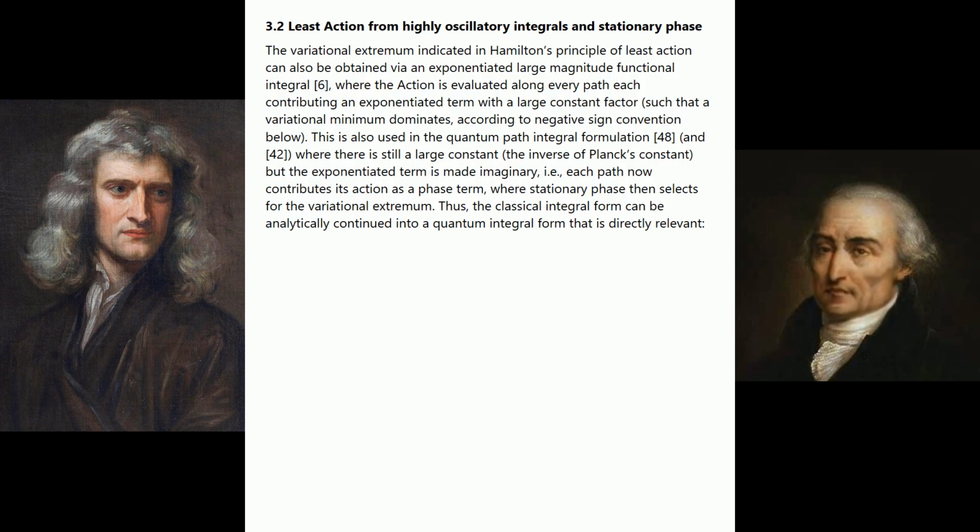This is also used in the quantum path integral formulation, and where there is still a large constant, the inverse of Planck's constant, but the exponentiated term is made imaginary, i.e., each path now contributes its action as a phase term, where stationary phase then selects for the variational extremum. Thus, the classical integral form can be analytically continued into a quantum integral form that is directly relevant.